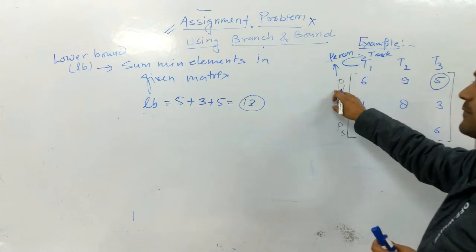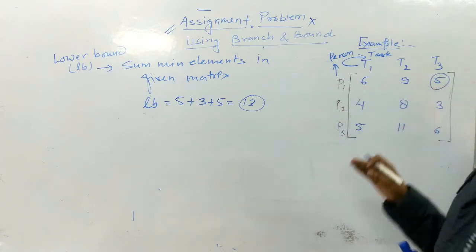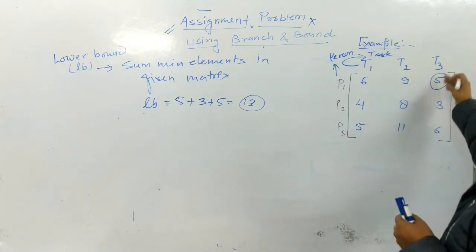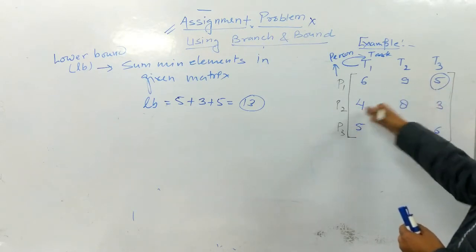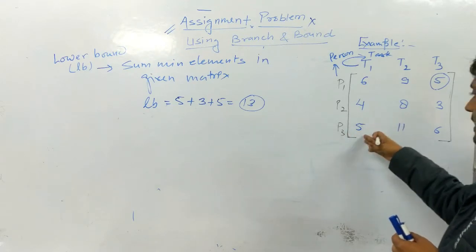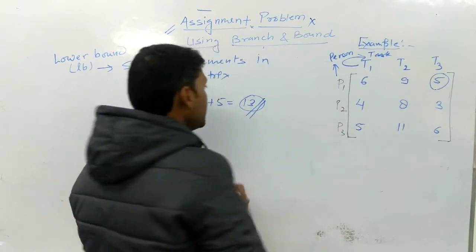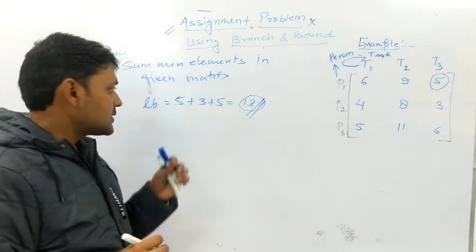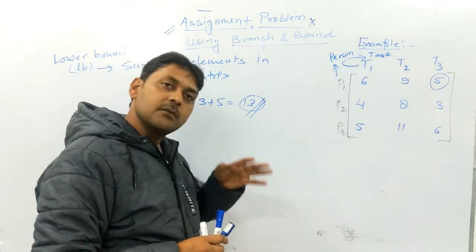So person P1 chooses the task with minimum cost, T1, then T3, and T3 again, and P3 is utilized in this one. This is the minimum cost, the lower bound. That means your answer is 30 or more.